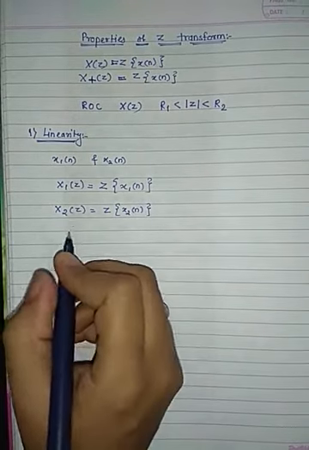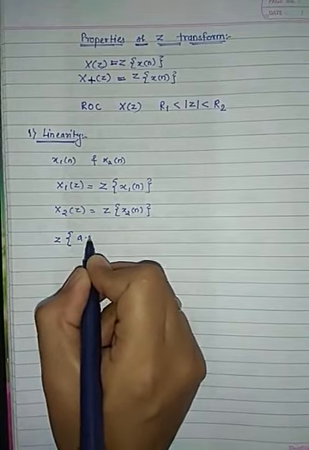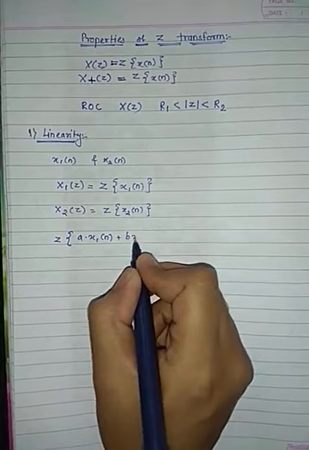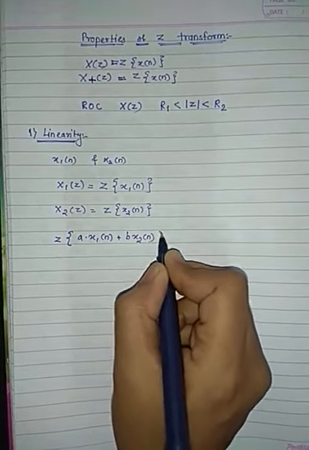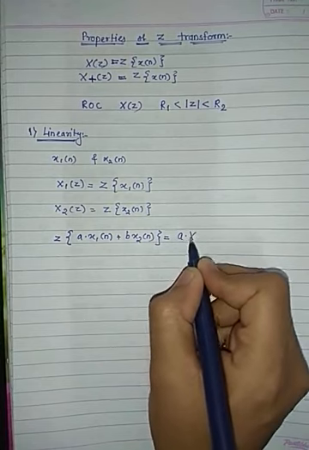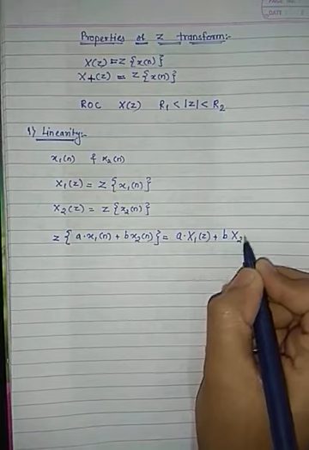Then the linearity property states that the Z transform of A times x1 of n plus B times x2 of n is equivalent to A times X1 of z plus B times X2 of z.